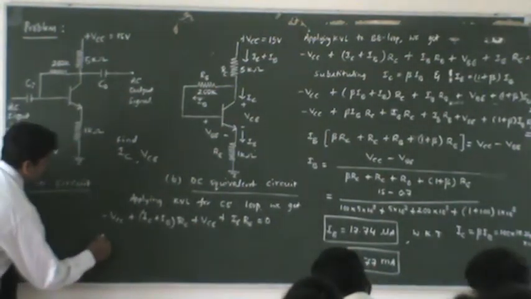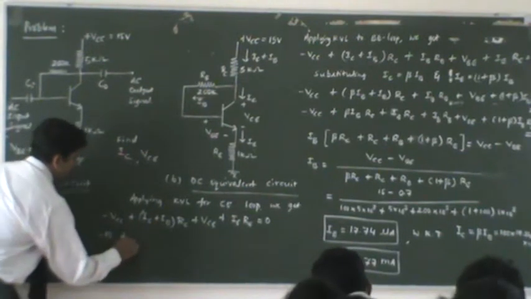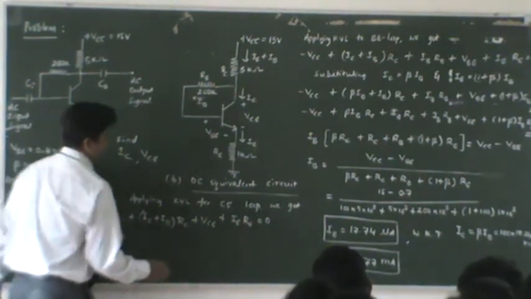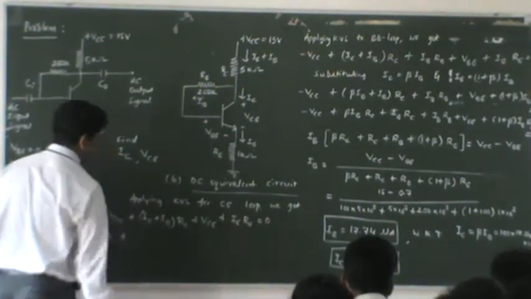So minus 5 volts plus IC. I will change this to IC: in place of IE, I will take it as IC.